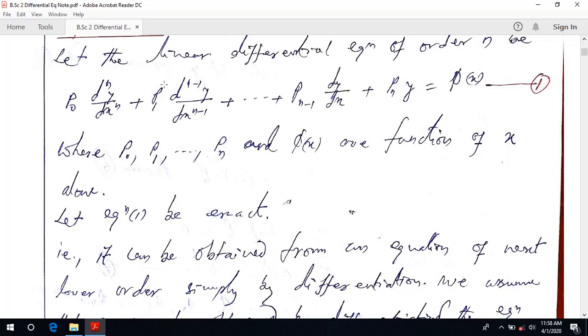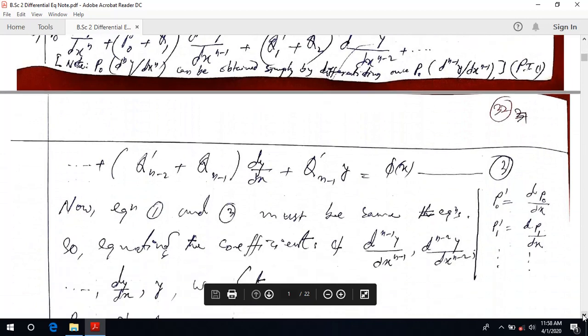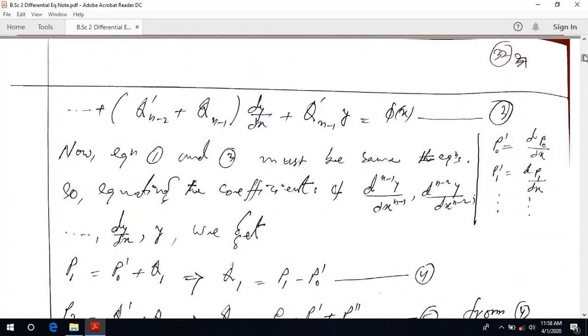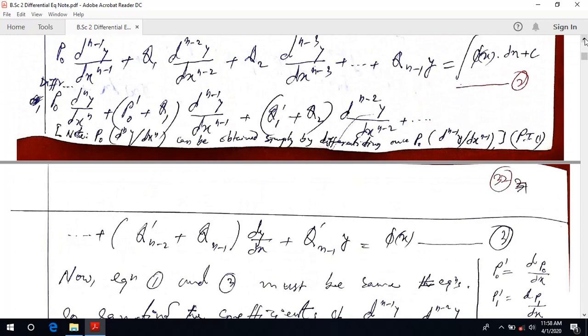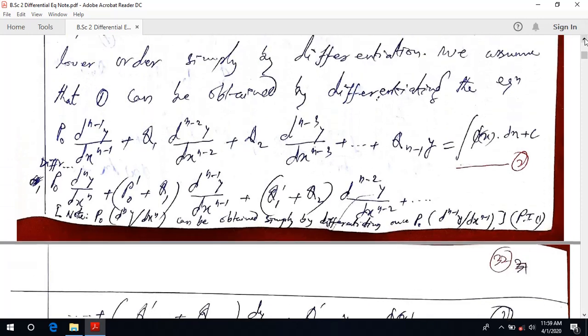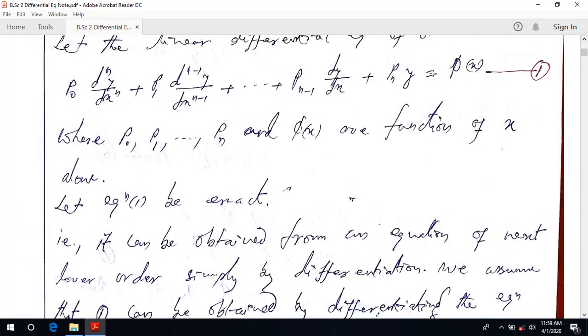So this coefficient must be equal to this coefficient, and this coefficient must be equal to P2 of equation 1, and so on. Finally, the coefficient of y in equation 3 must be equal to the coefficient of y in equation 1, which is Pn.